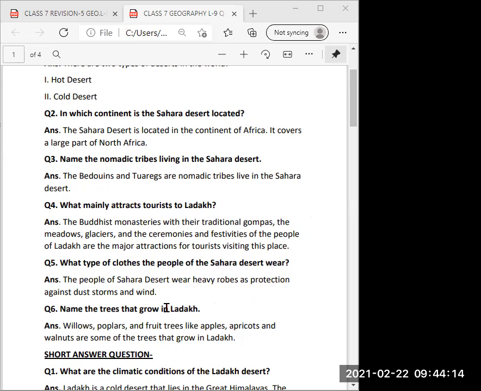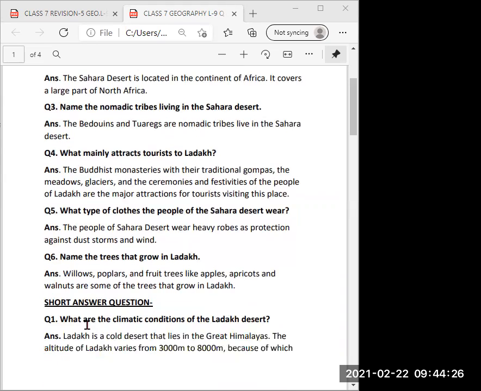Heavy robes, what are they? From top to bottom, a big gown-like garment. Clear? Next is, name the trees that grow in Ladakh. Now which trees grow in Ladakh specially? Willows, poplars, and fruit trees.